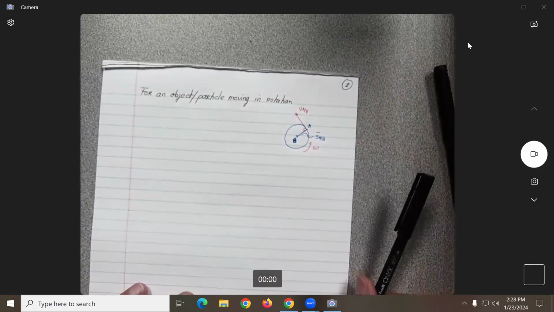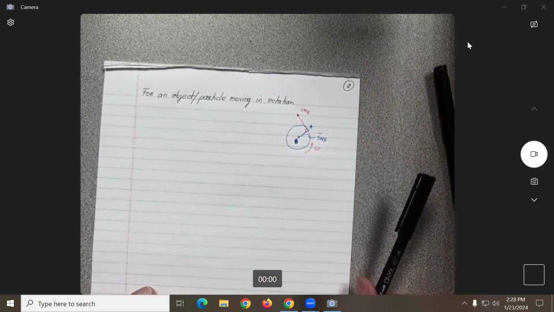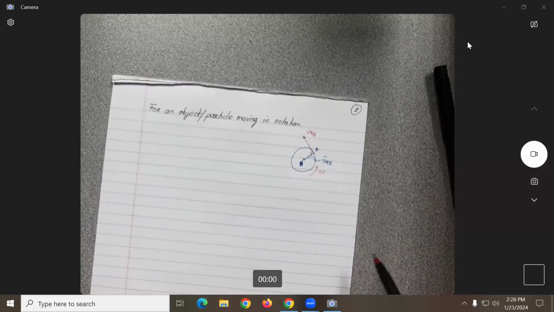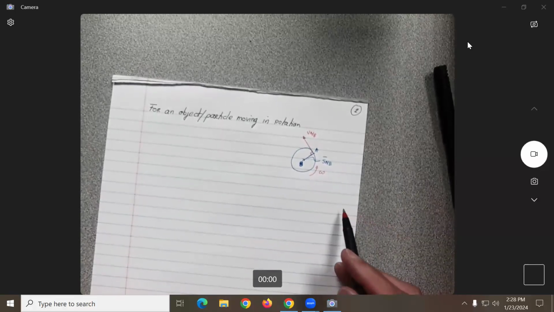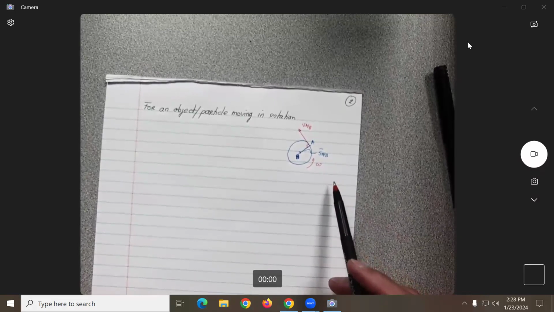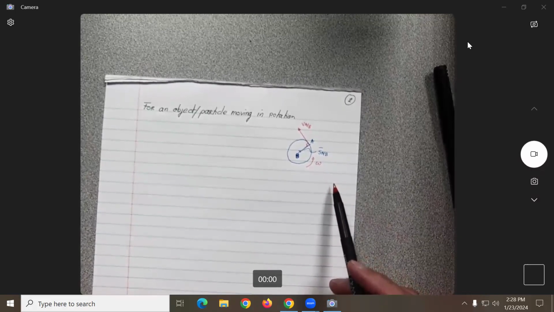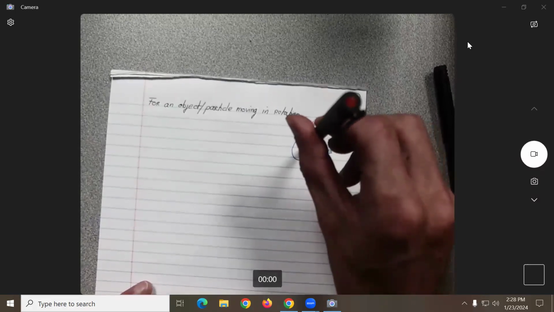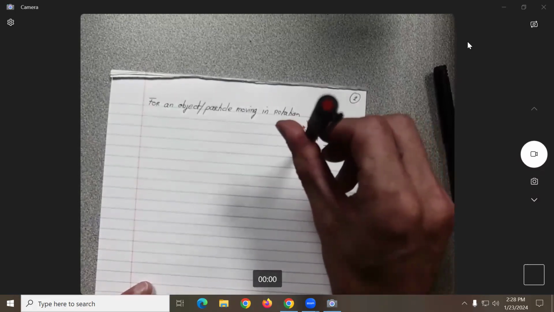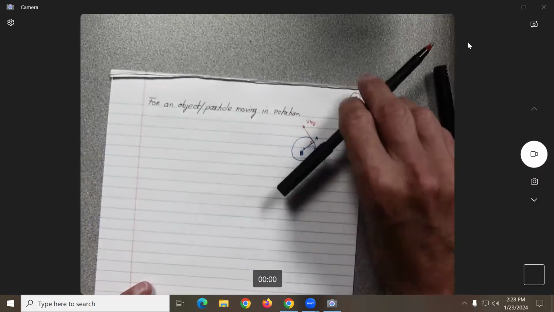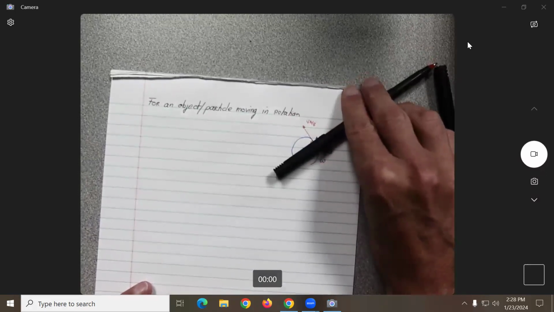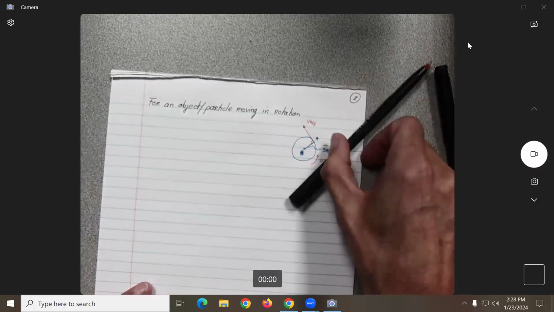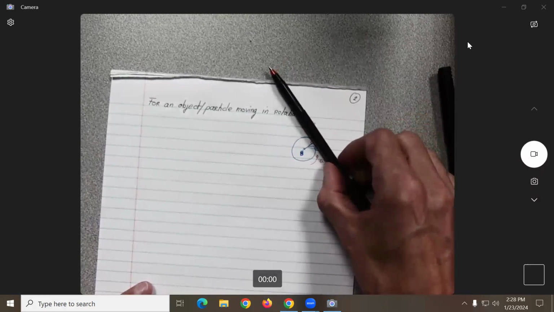A cross B will be equal to C. What do you know about C? It should be perpendicular to the other two. So if you think about it, this vector here is in this direction, this vector here is in this direction, and VAB is perpendicular to the other two, no?